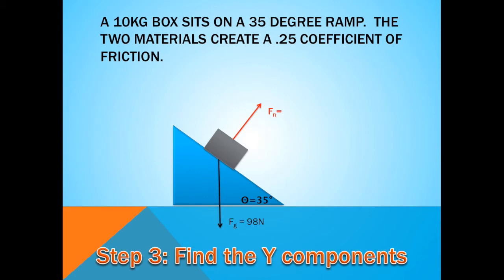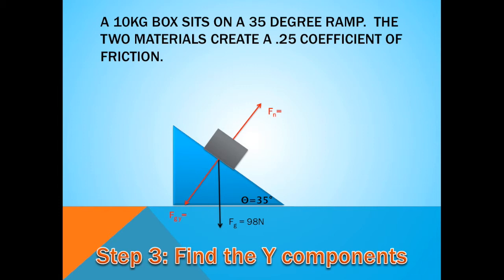Since we have the force of gravity, but we're slightly tilting it to be pushed down and oppose the normal force, we're going to call this our force of gravity Y, FGY. Now, how do you go about calculating the FGY? The first thing is to try and find the other triangles that exist here.